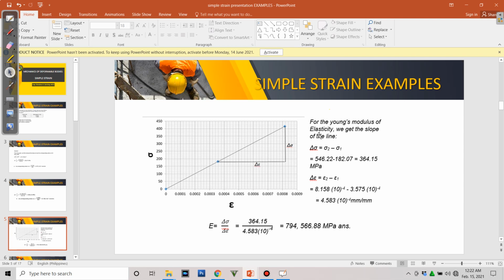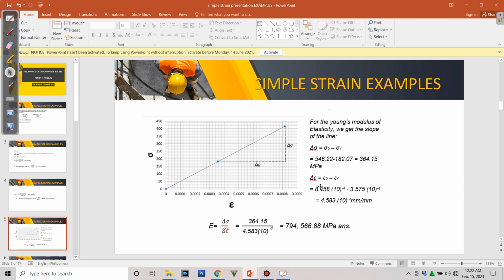For the Young's modulus of elasticity, we get the slope of the line. We subtract the difference on the y-axis, the sigma: 546.22 minus 182.07. That equates to 364.15 megapascal.